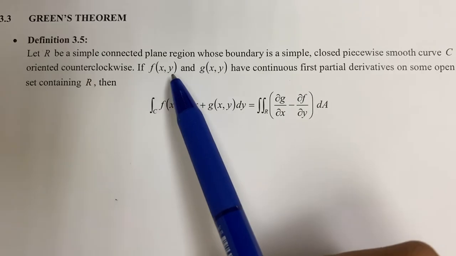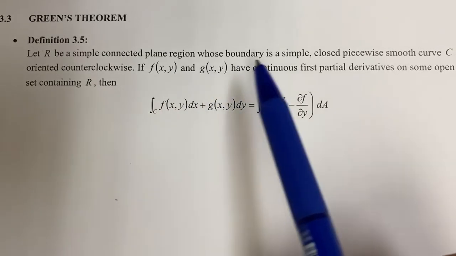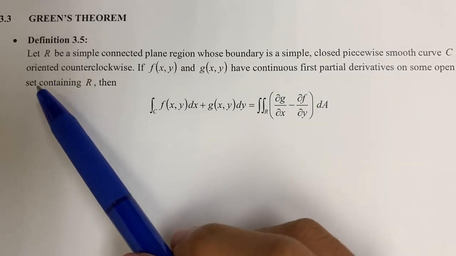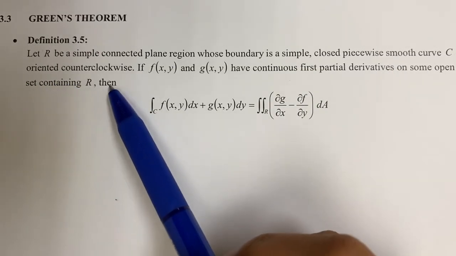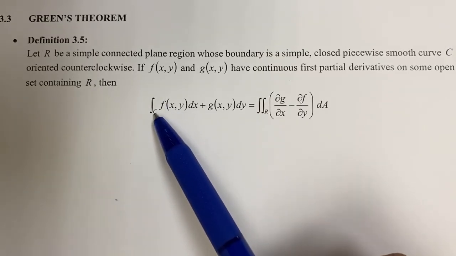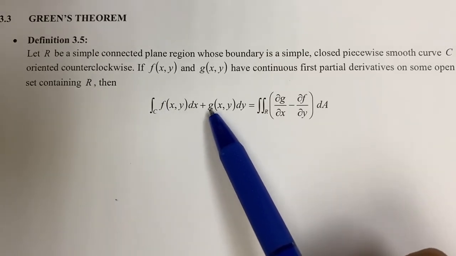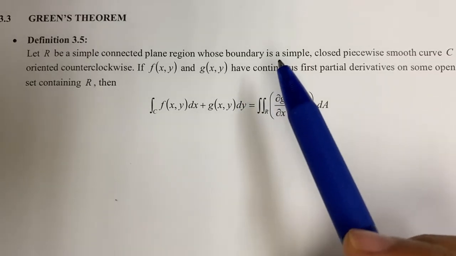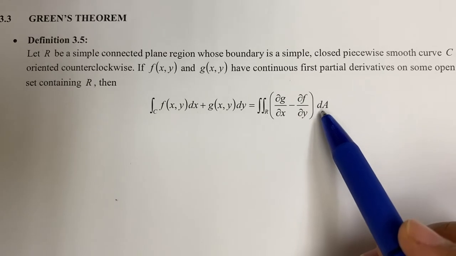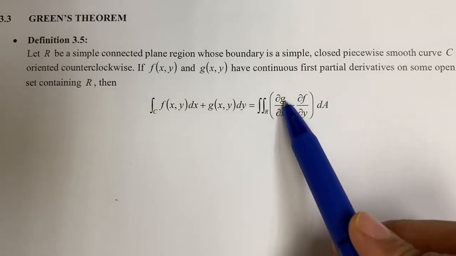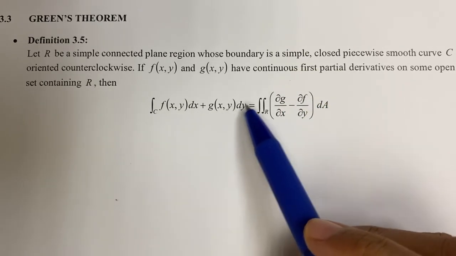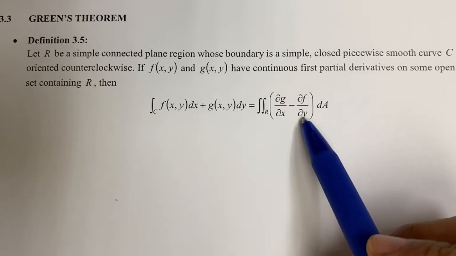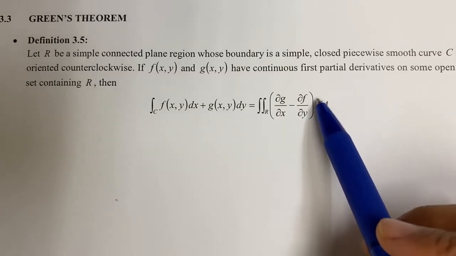If two functions f and g have continuous first partial derivatives on some open set containing R, then if you have this line integral over C of f(x,y) dx plus g(x,y) dy, you can solve this by using a double integral over R of dg/dx minus df/dy dA. Okay, so you need to do that, and then you need to find what is dA.